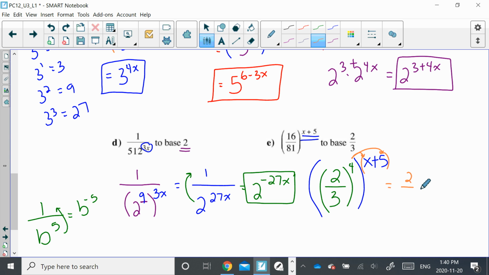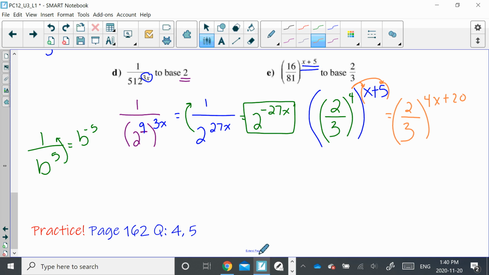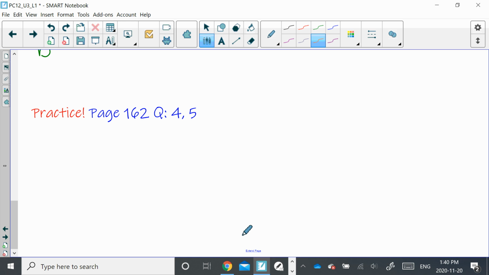We will have 2/3 to the power of 4x plus 20. Again, pause the video, do questions 4 and 5. Once those questions are done and they're marked, then you can continue on with the video where we will do the last class example.